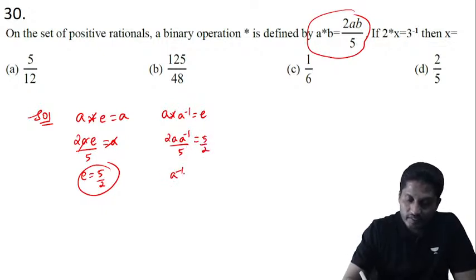If I cross multiply, A inverse is equal to 25 divided by 4A.